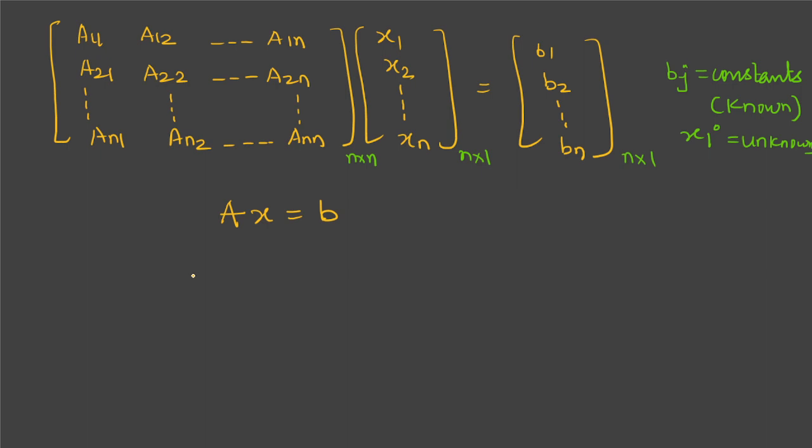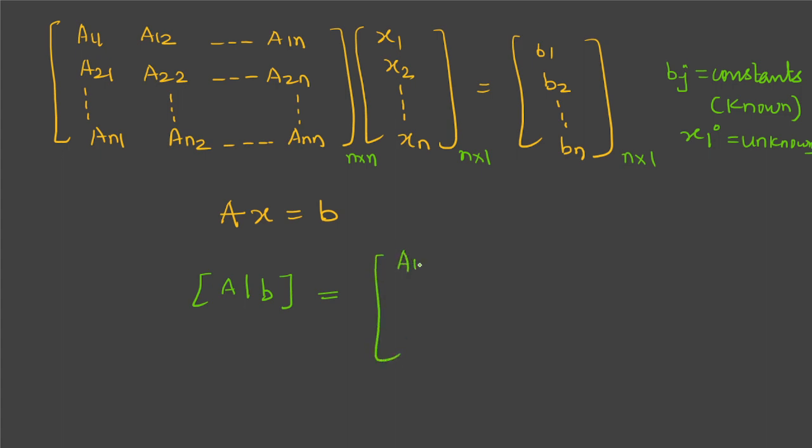We are doing this purposely, because this representation is going to be useful for computational purposes. In this way we are going to write an augmented matrix, and sometimes we also call it the augmented coefficient matrix.